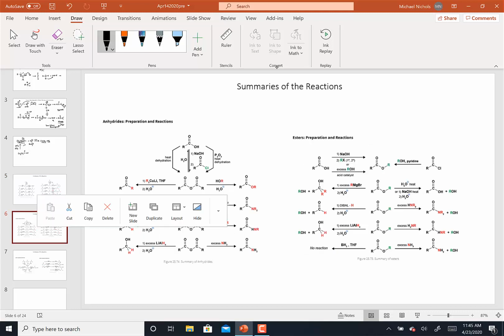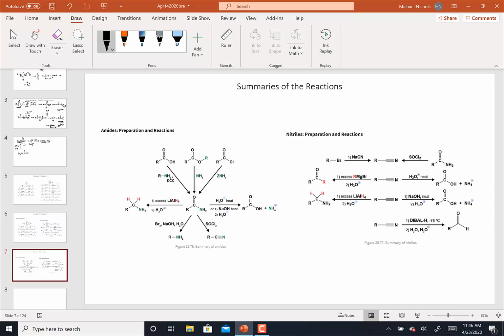There are other reactions here, such as with the anhydrides, with the esters, and then also with the amides, how to make them, how to reduce them, and then also with nitriles, their reactions as well as their reductions. So all of those reactions we've talked about, and they're all summarized here.